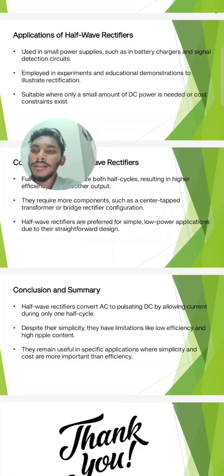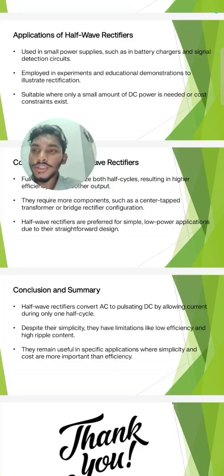The form factor, equal to Vrms by VDC, is 1.57 in the half wave rectifier. Peak inverse voltage, PIV, equals Vm. Transformer utilization factor TUF equals 0.287, which is very poor in the half wave rectifier.